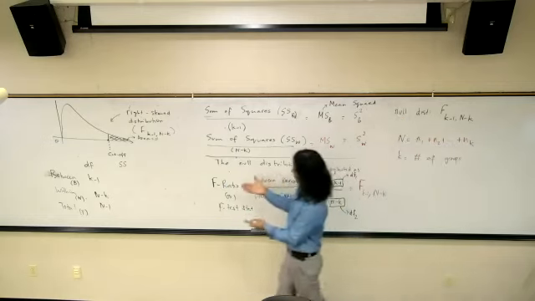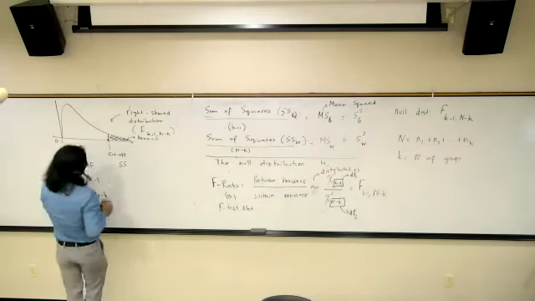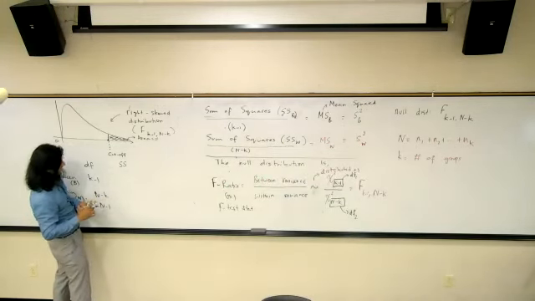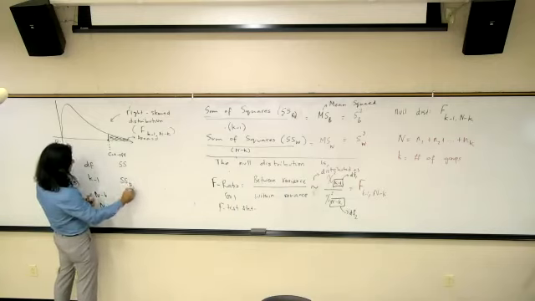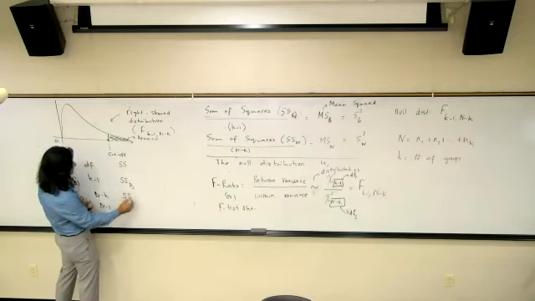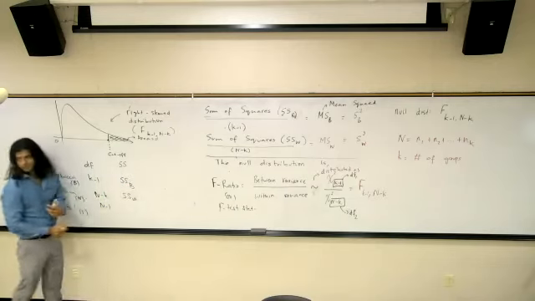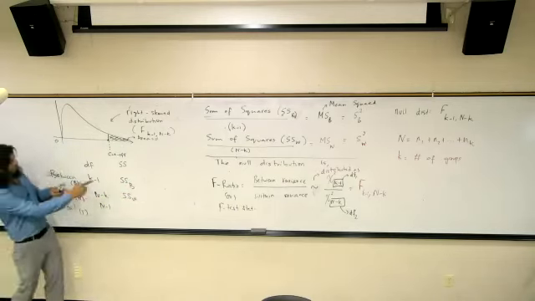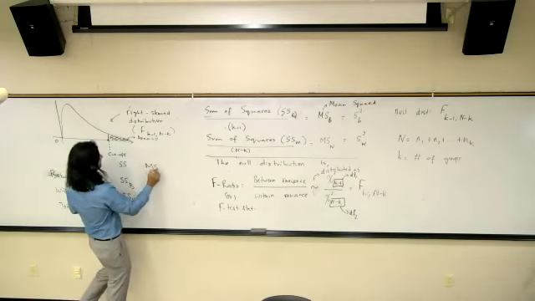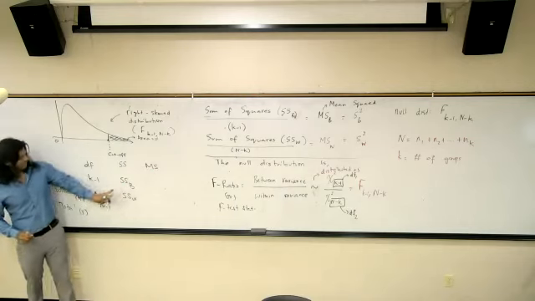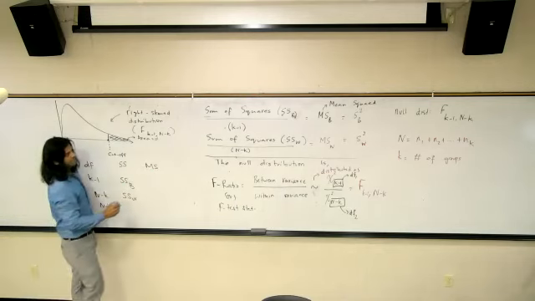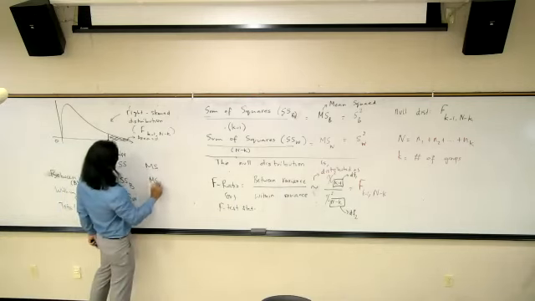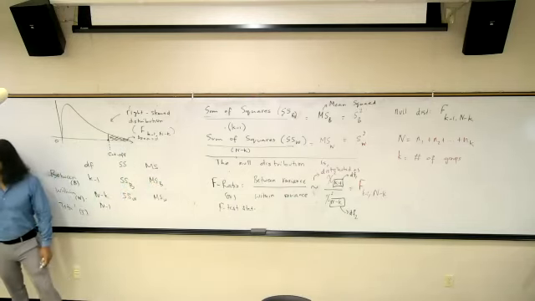So over here, a software is going to give you SSB, SSW, and the corresponding mean squared, that value over that one, MSB, MSW.